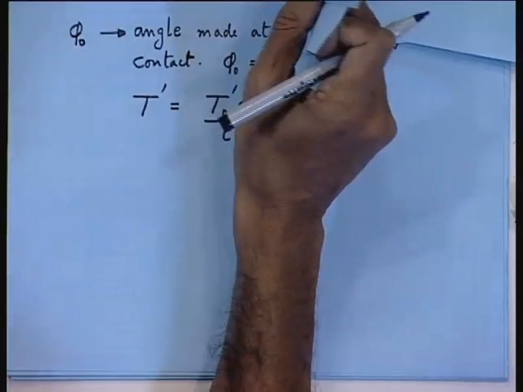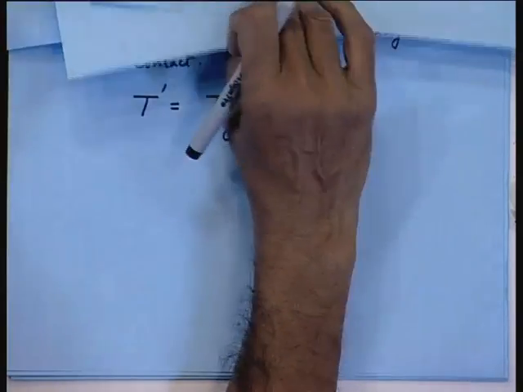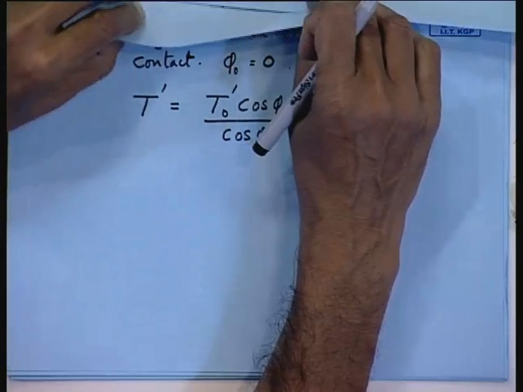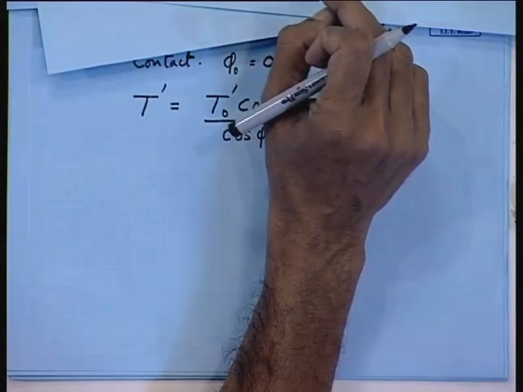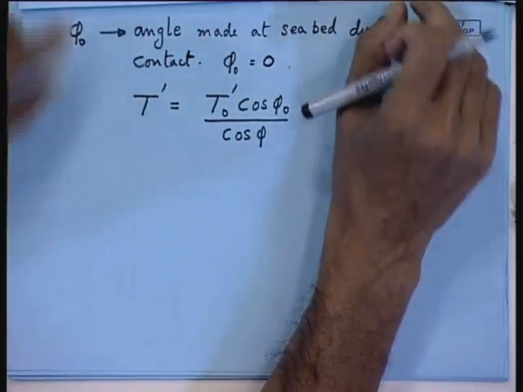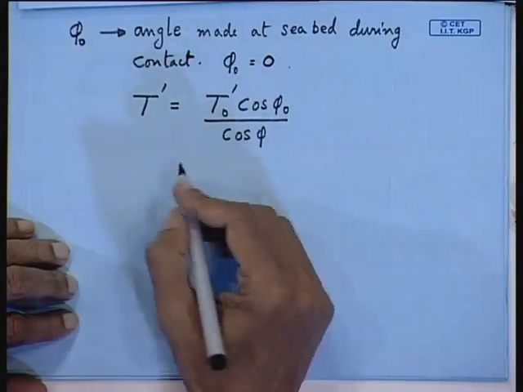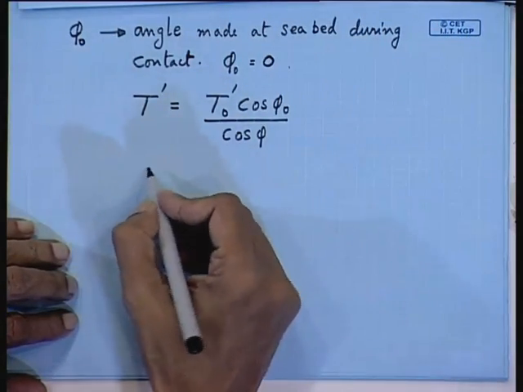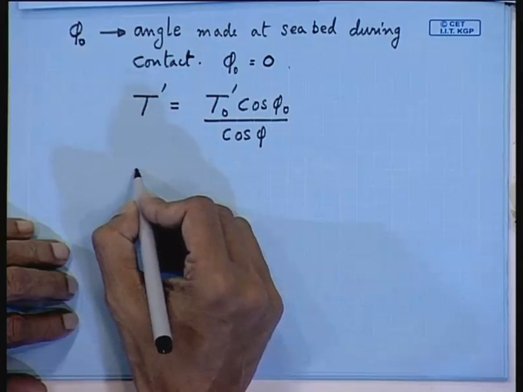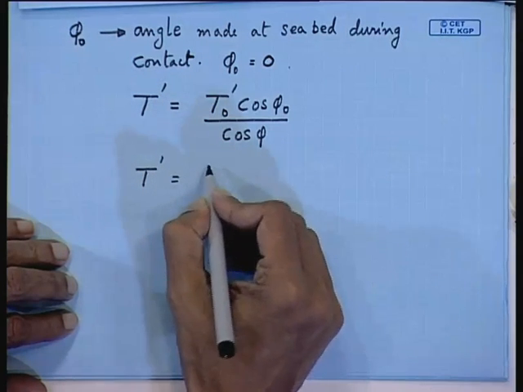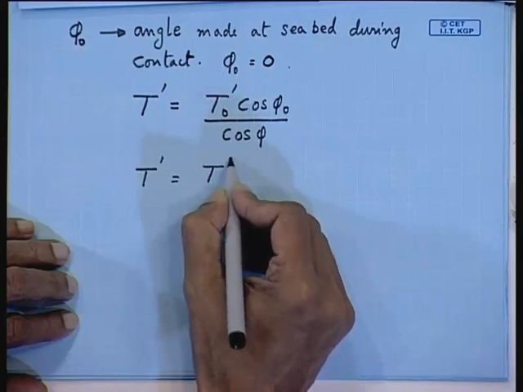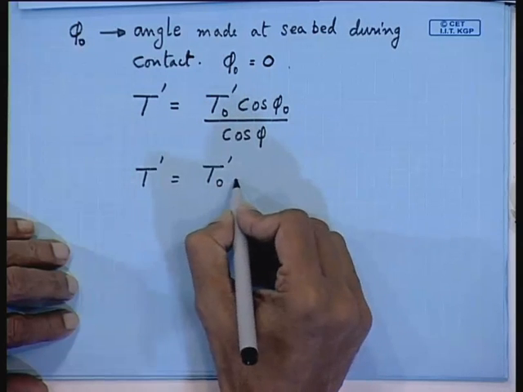So now can you find out from this expression? You substitute this phi naught equal to 0. Since we are simplifying this, cos phi naught is going to be 1. So your expression for t prime is coming as t prime naught over 1 by cos phi.